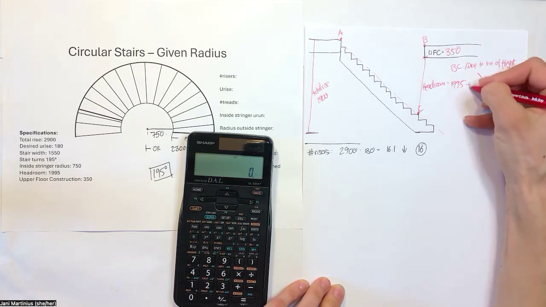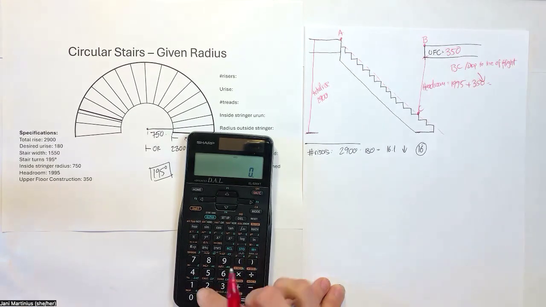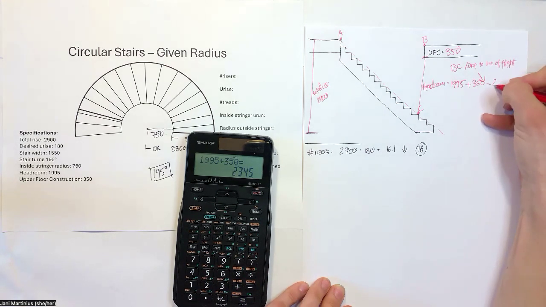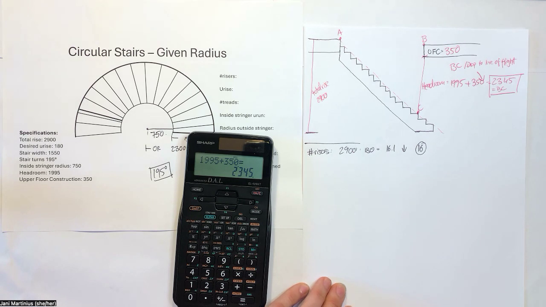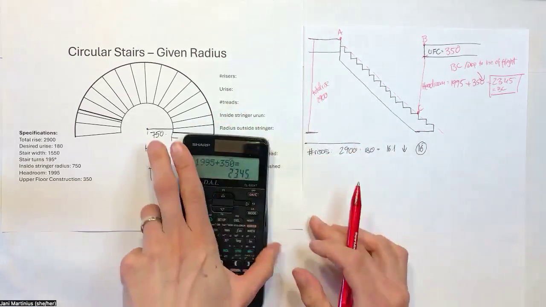So 1995 plus 350 gets us 2345. And that's BC. That's something to remember for later. Excellent. Have you drawn in all the things? I think so. Wonderful. Now let's continue.